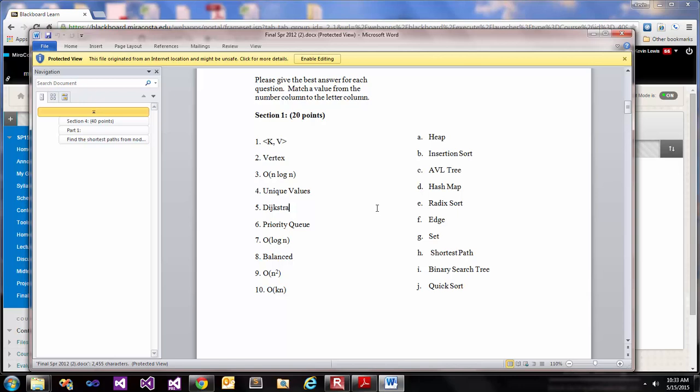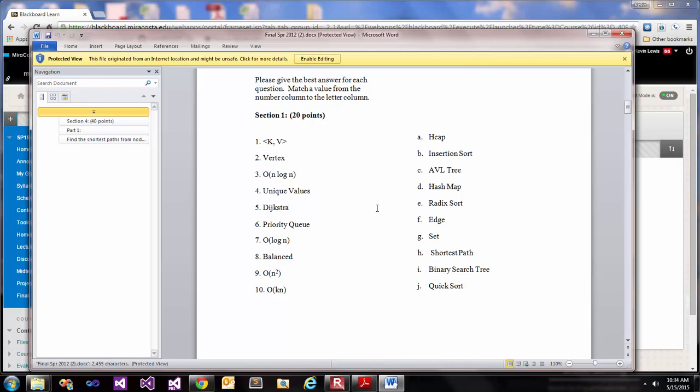Edge and set don't really make sense here. Shortest path, that is not correct either. Binary search tree, that doesn't make sense because all the operations in the search tree are log of n. Finally, that leaves us quicksort, which is an n log n algorithm, so 3 matches with quicksort.